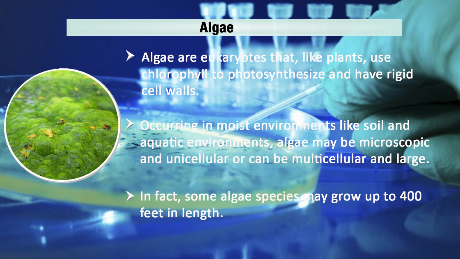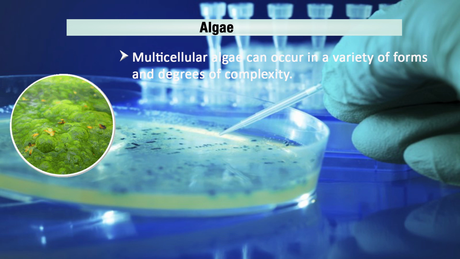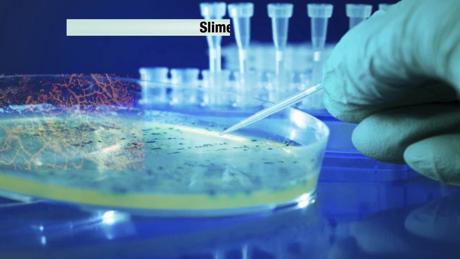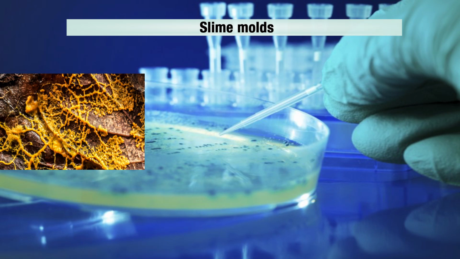In fact, some algae species may grow up to 400 feet in length. Multicellular algae can occur in a variety of forms and degrees of complexity. Some form colonies, which can be simple aggregates of cells or contain specialized cell types much like higher forms of life.